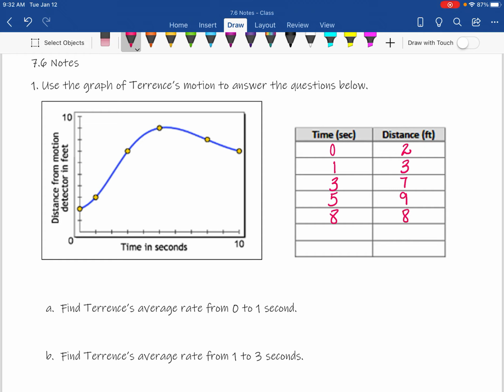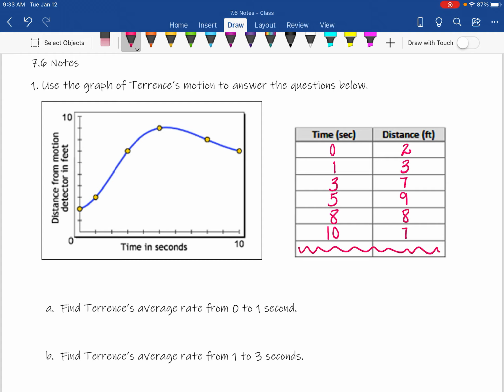And then my last point is 10, looks like 10, 7. Okay, and I don't know why that extra space is there.